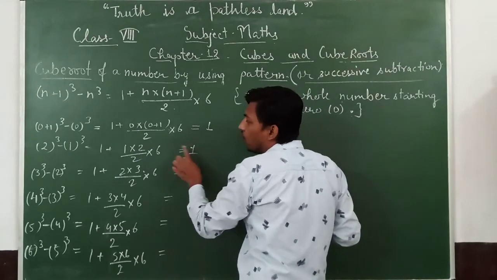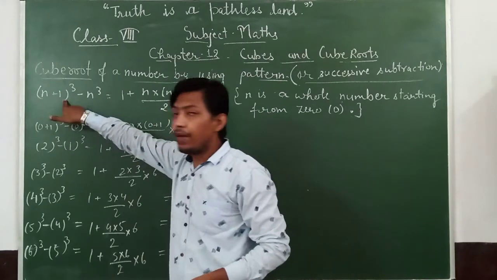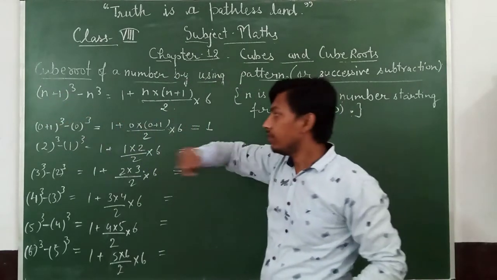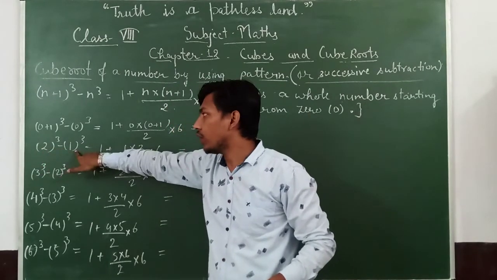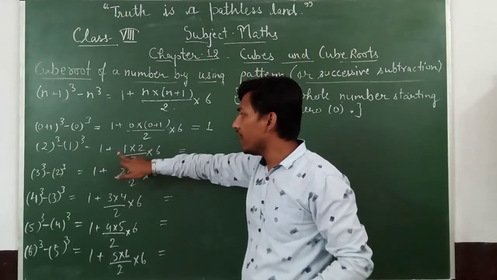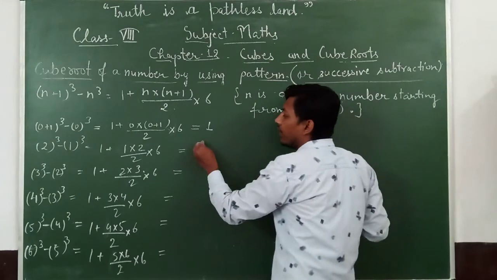Here we get 1. Next step, take 1 as the value of n. n plus 1 is 1 plus 1, that is 2, so 2 cube minus 1 cube. That is 1 plus 1 into 2 into 2 upon 2 into 6. Solve this and you will get 7.